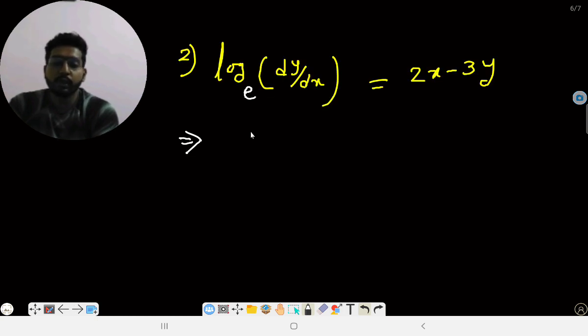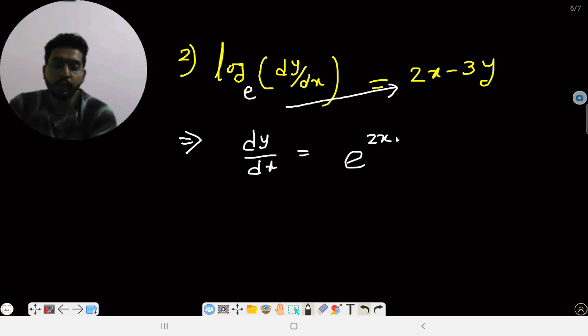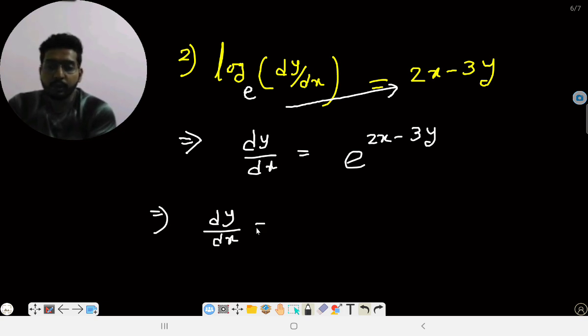So here also you can see dy/dx. What will be dy/dx? So dy/dx will be e to the power of this, that means e to the power 2x minus 3y. So now dy/dx can be written as e to the power 2x by e to the power 3y.